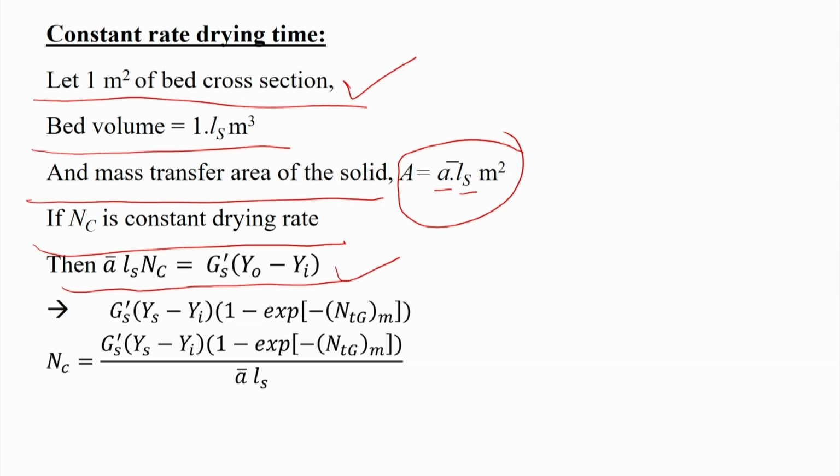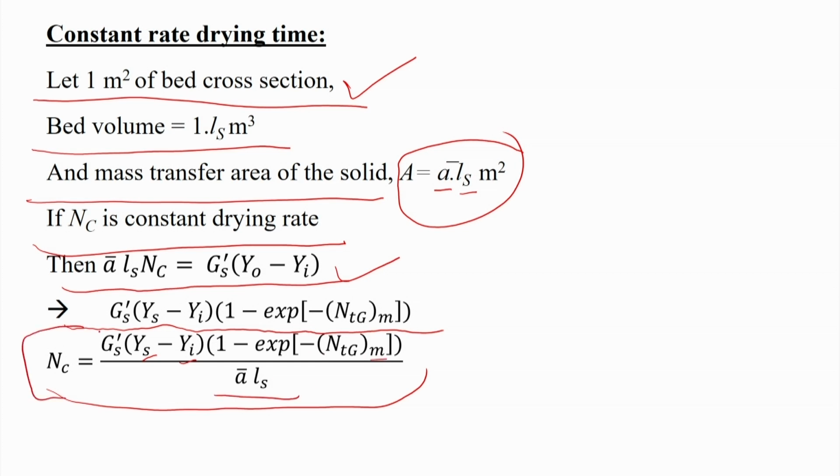Putting this N c there, from here we will get N c is equal to G s into (y s minus y I) into (1 minus exponential of minus NTG) by A prime into L s.